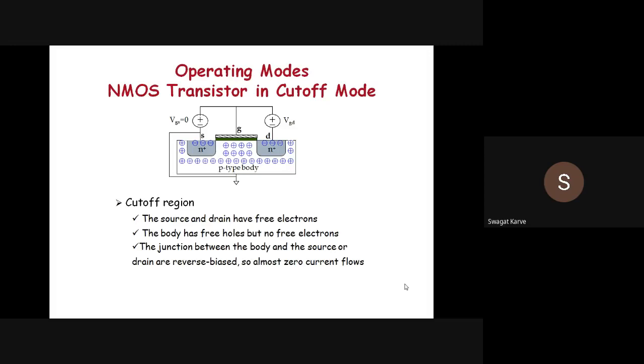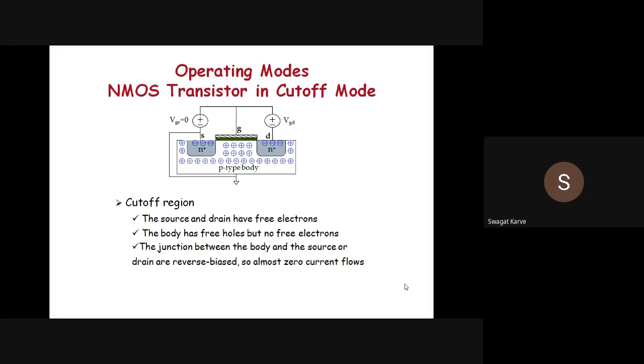Now what is the basic condition for the cutoff mode, that is, when we say the MOSFET is operating in the cutoff region? Again, for this entire discussion we are considering an N type MOS transistor. What do we mean by N type?